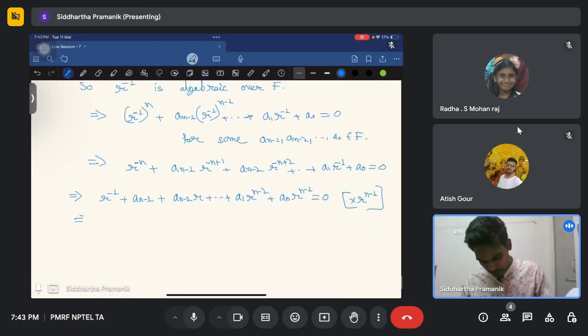That will imply R inverse equals minus (a_(n-1) + a_(n-2) R + so on + a_0 R^(n-1)).